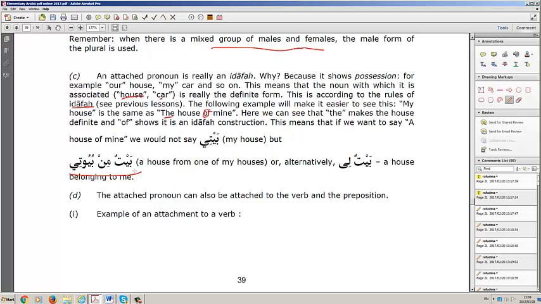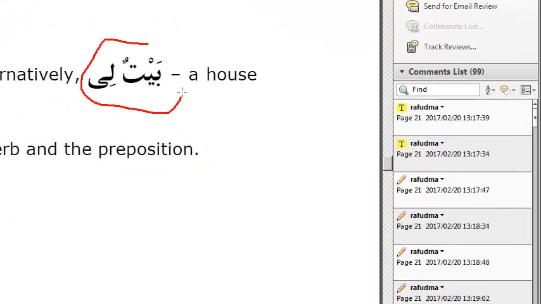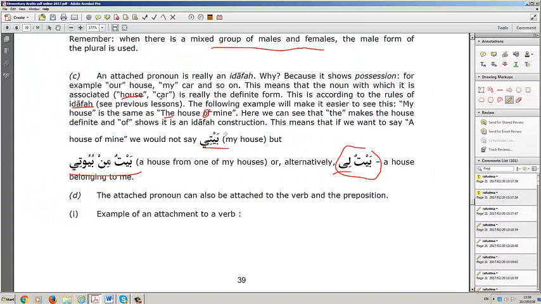For example, baitun min buyuti. Buyut is the plural of bait, so we say a house from one of my houses. I'm a very rich person. And baitun li, or you could alternatively say, a house of mine. That's another way of saying it. But baiti necessarily means the house of mine, not a house of mine.